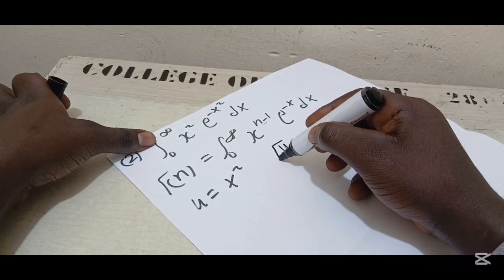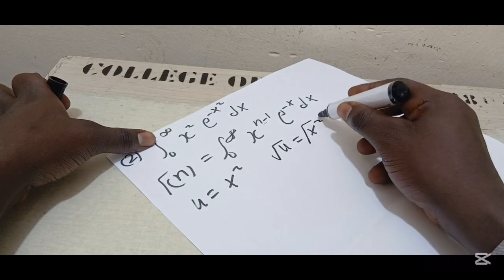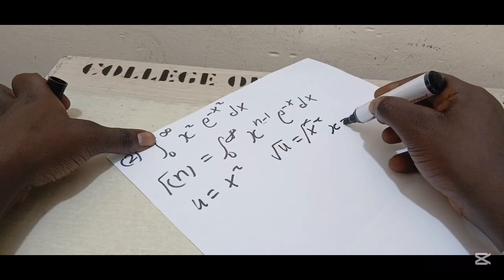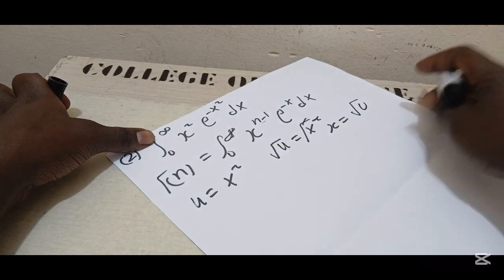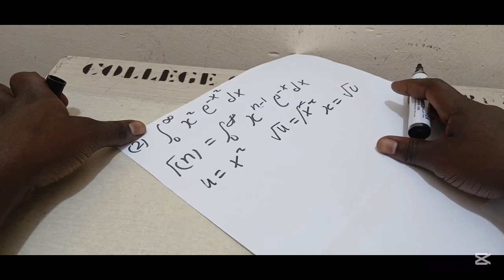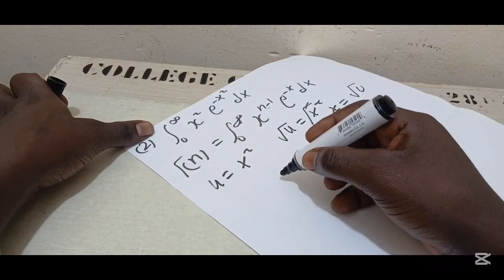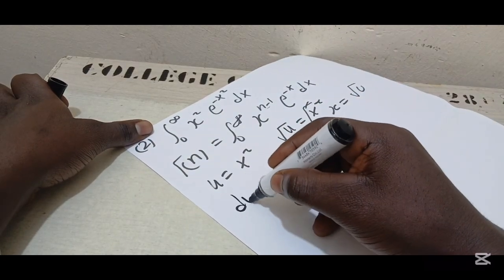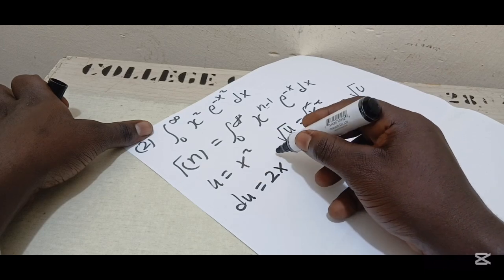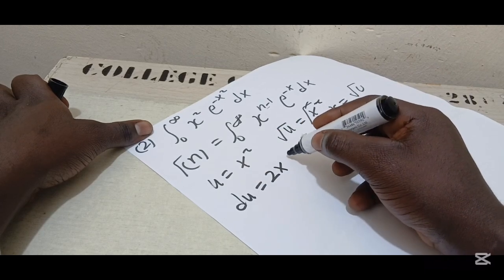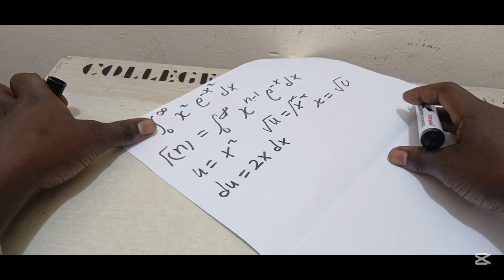If I take the square root of both sides, then my x should be equal to square root of u, right? And then we also need to find dx. So we know that du equals 2x to the power of 2 decrease by 1, remaining 1. So just leave it as dx, right?